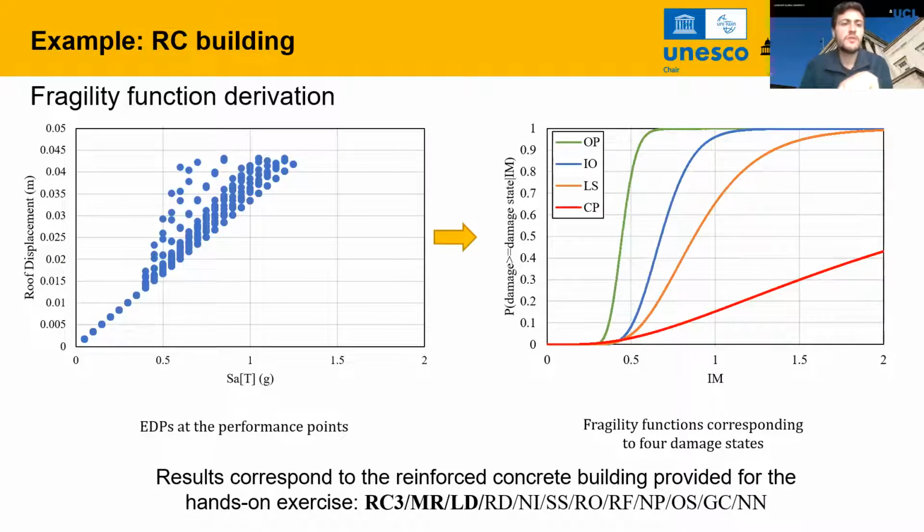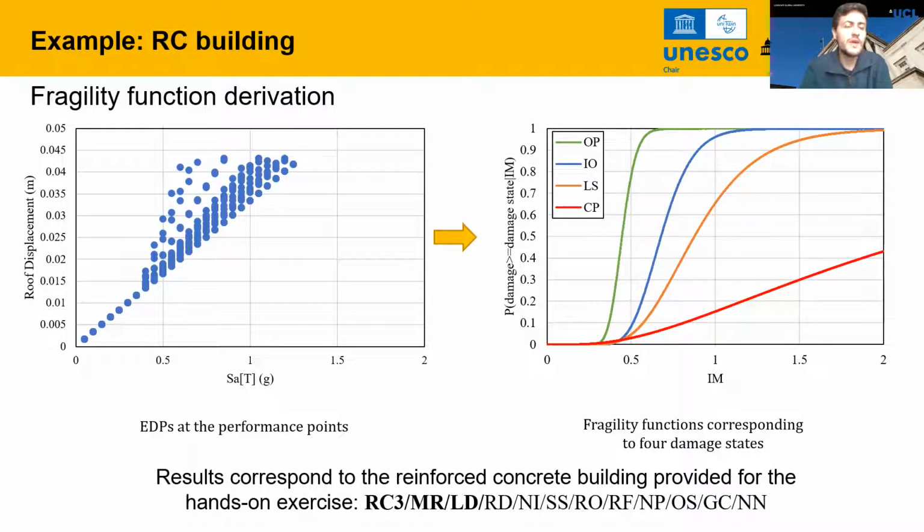And for the example of the RC building, we have here the engineering demand parameters, and with these demand parameters and the thresholds, we can then obtain this set of fragility functions. Two, in this case, for damage states, but for example, you can add another damage state or only use 3.